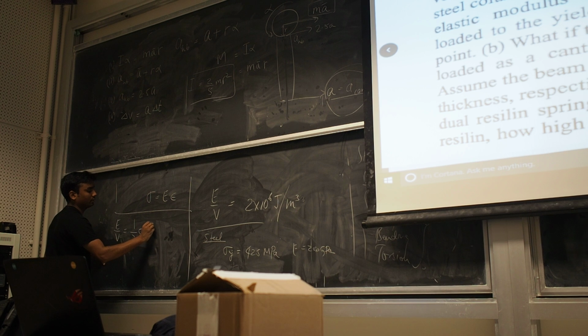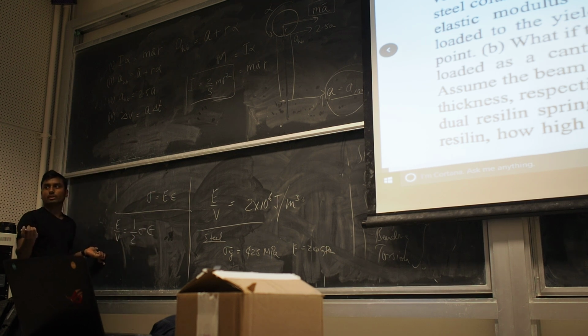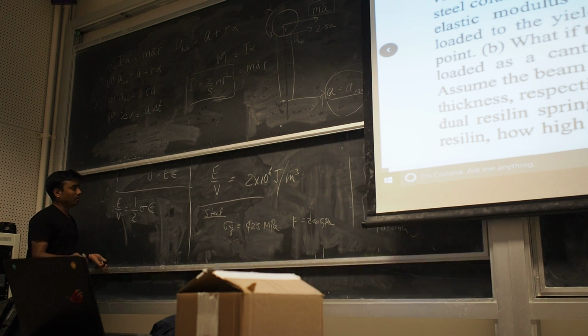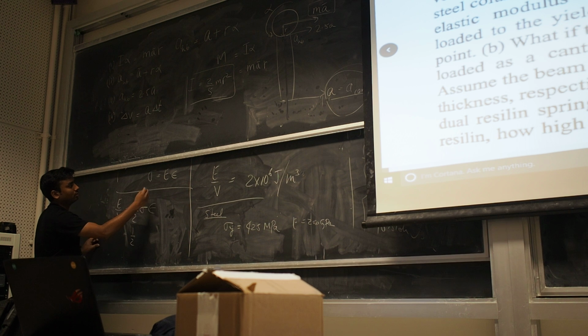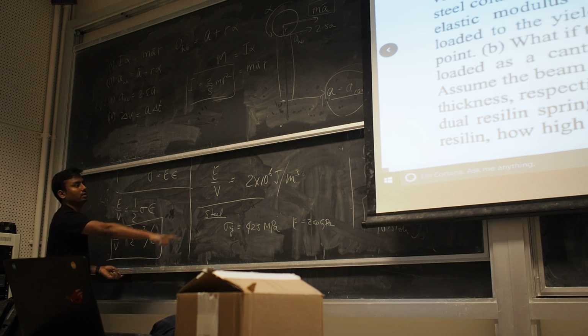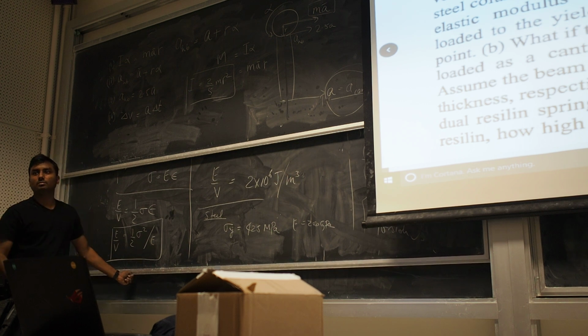The formula we know is half sigma epsilon, right? That's it for energy per unit volume. Now, from here you know epsilon is sigma over E, so it is sigma squared divided by E. This will be for your steel. Calculate from here, compare with that, and see it's much more.